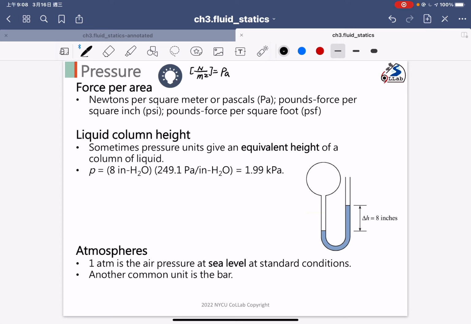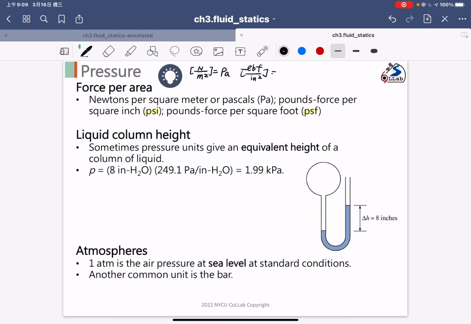Okay, but there are some other units for the pressure. As we can see, the PSI here. We have the PSI, right? And then we have the PSF. So what is the PSI? The PSI is the pound force per inch square.